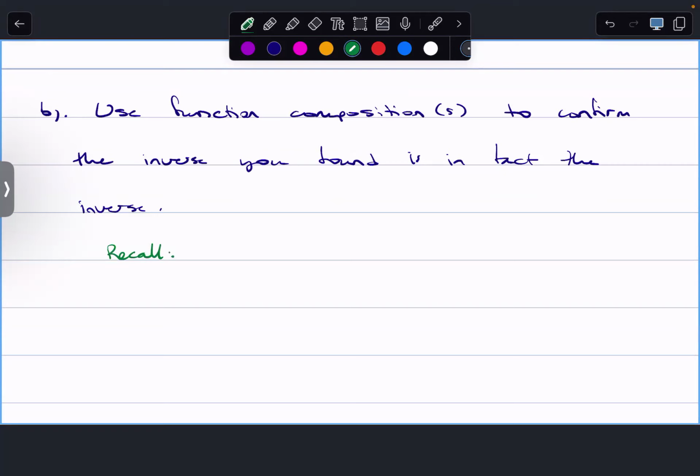If the function you found is in fact the inverse, then you should be able to take f of f inverse of x and it should yield x, and f inverse of f of x should yield x.